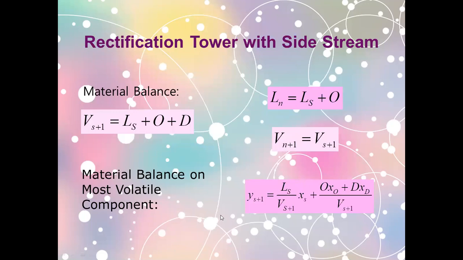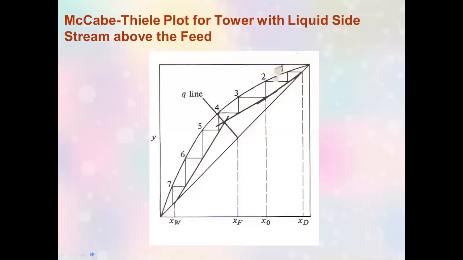Okay, now our equation for the additional operating line for a column that has a side stream would be this. If you do things graphically, you will have four operating lines appearing in your equilibrium diagram.